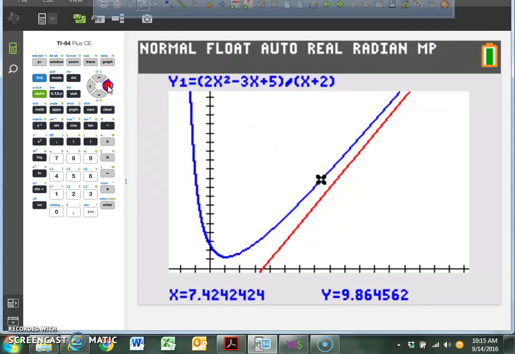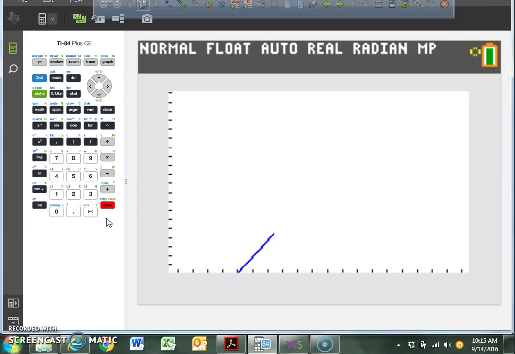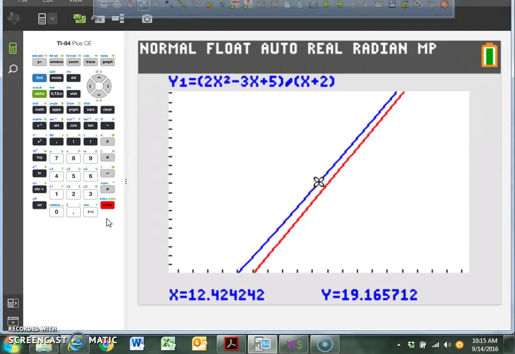If I were to continue this process, everybody, there's your equation right here that we're dealing with. So if I zoom in to a different part of the graph, which is way over here, all the way till it stops. All right, so if I zoom into this part and hit enter, once again, you will see the slant asymptote and the graph get closer and closer together.